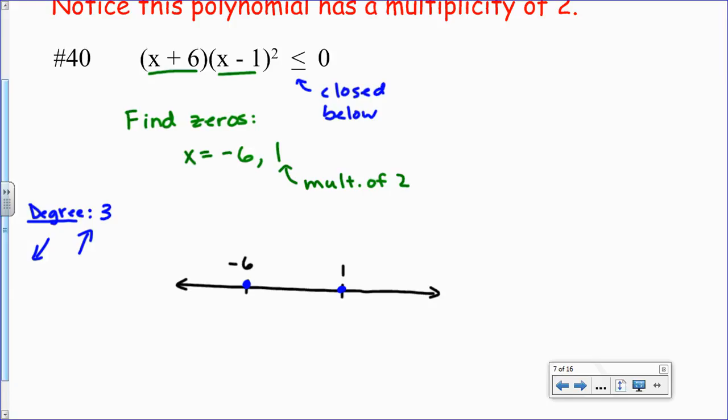So on a graph, when it has a multiplicity of 1, does it go through or bounce? Yep, straight through. And it doesn't matter as much about the straight through or the inflection through for this. But yeah, it does go straight through. So this is through.